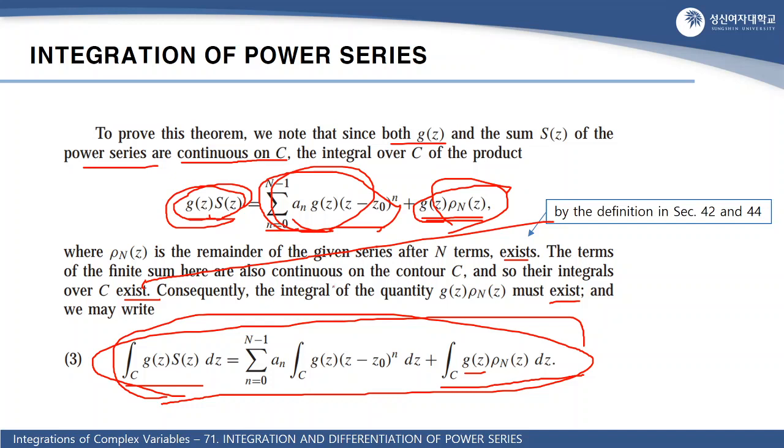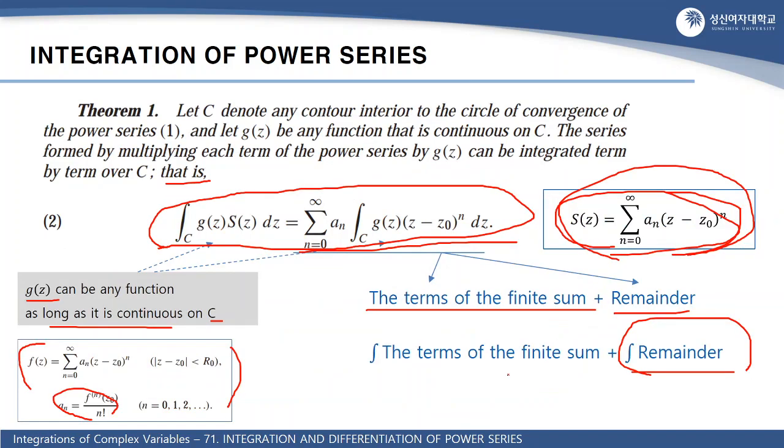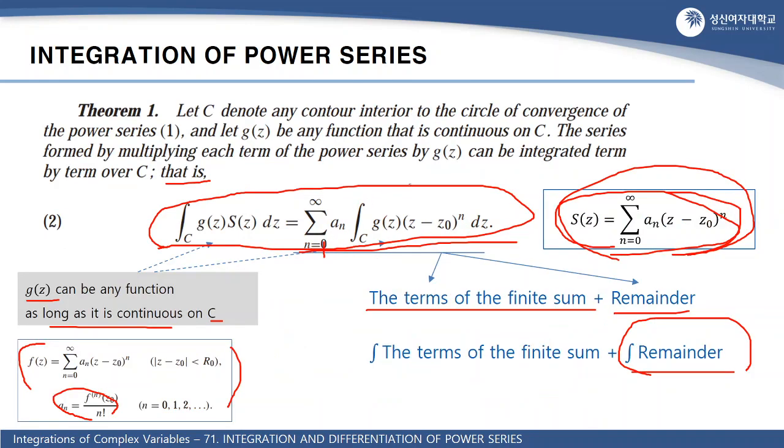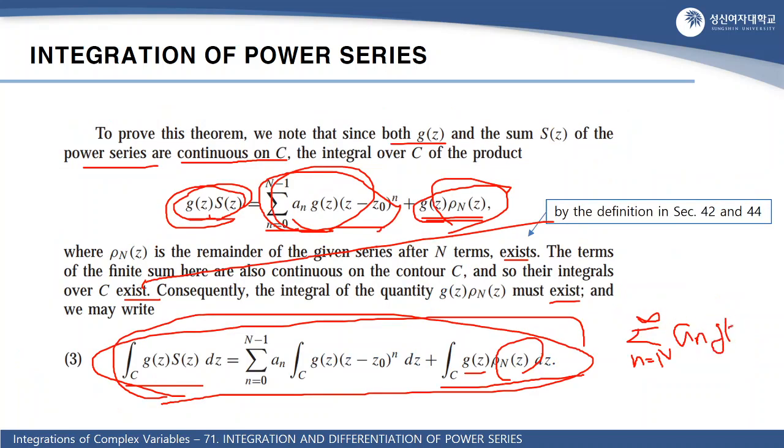The remainder of the given power series, which means rho sub N of z, which is computed by this, is actually the summation of small n equal to large N to infinity of a_n times (z minus z naught) to the n.